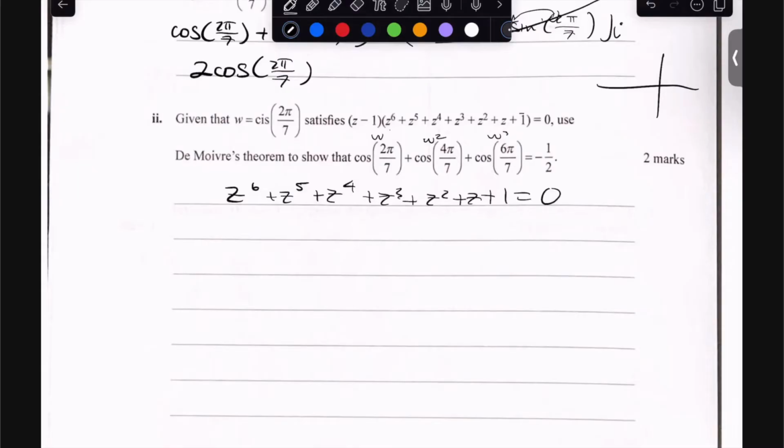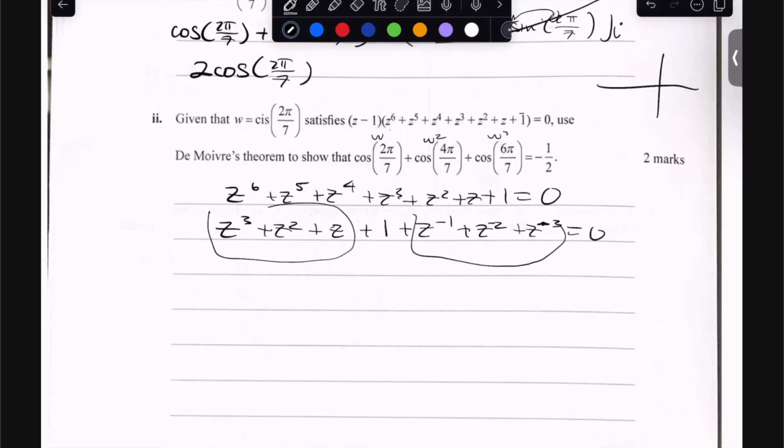And then you can divide by z cubed. That means z to the power of 3 plus z to the power of 2 plus z plus 1 plus z to the power of negative 1 plus z to the power of negative 2 plus z to the power of negative 3 is equal to 0. Now if you look, these are just the negative powers, and that's equal to negative 1.